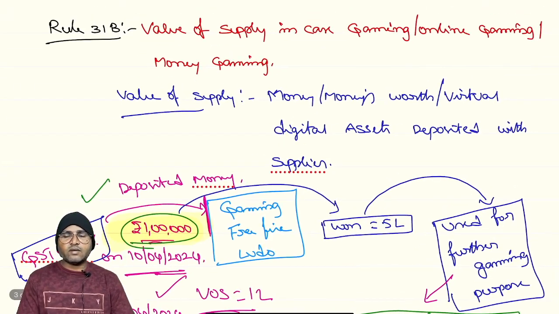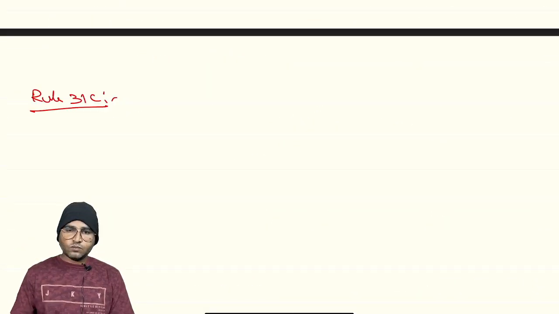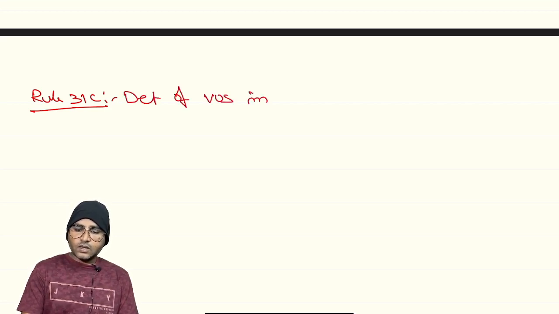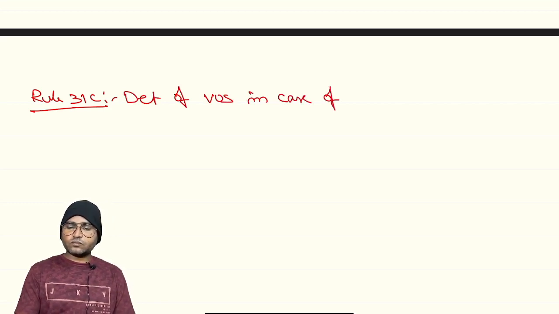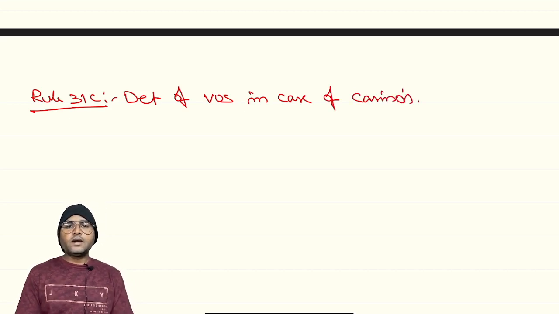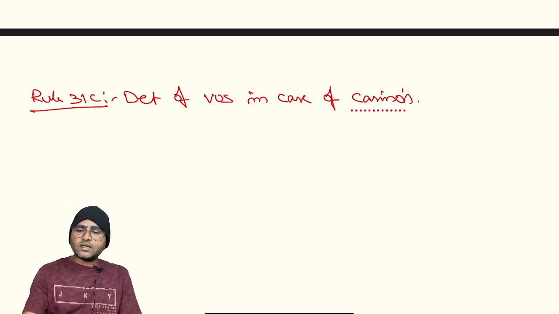And next, rule 31C. Determination of value of supply in case of casinos, right? Determination of value of supply in case of the casinos.